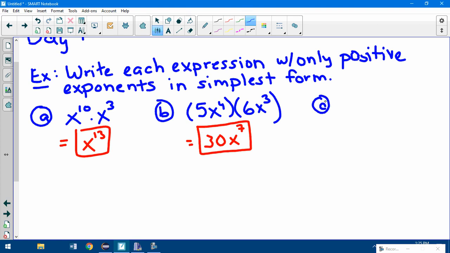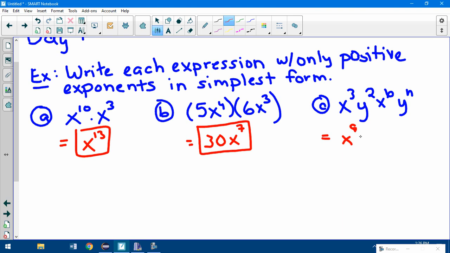Or C. What if I had x cubed, y squared, x to the 6th, y to the n? Now you probably know that it doesn't really matter what order things are in. Essentially, I have how many x's here? They're all multiplied, so there's 3 here, 6 here, so I'm going to get x to the 9th for sure.